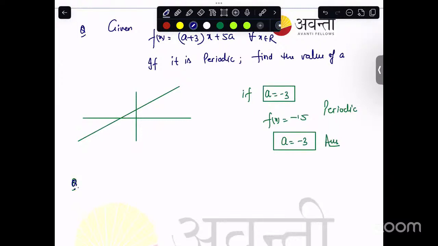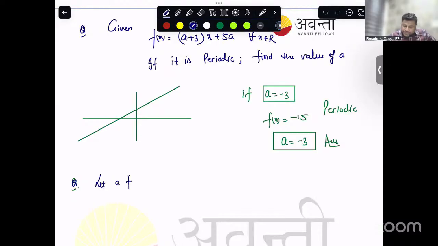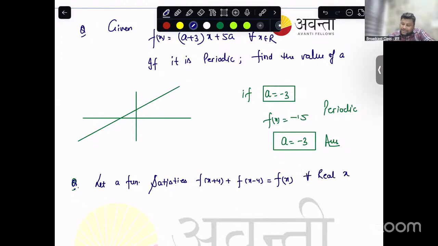See another question. Let a function satisfy f of x plus 4 plus f of x minus 4 equals f(x), for every real x.